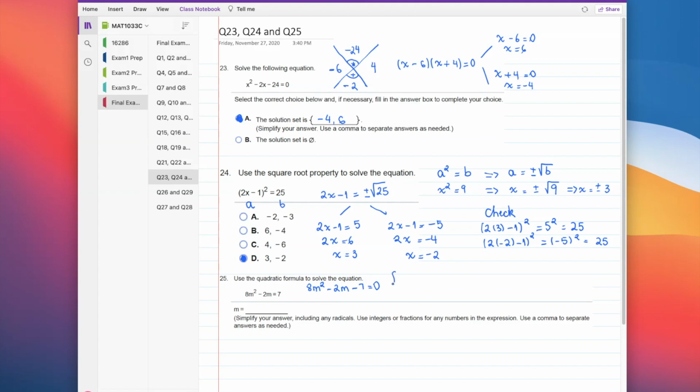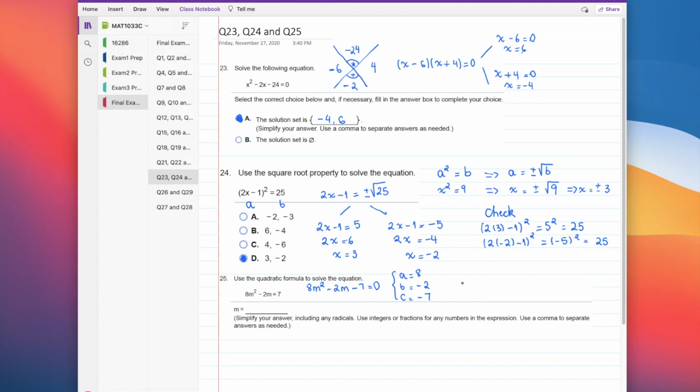Now I know the values: A is the coefficient of the square term, 8. B is the coefficient of the degree 1 term, negative 2. And C is the constant of this trinomial.